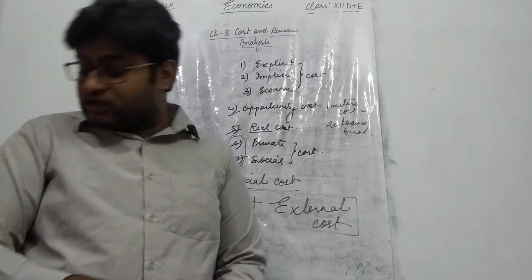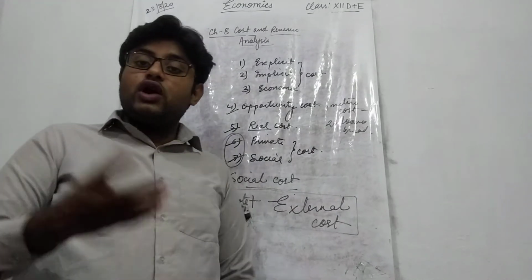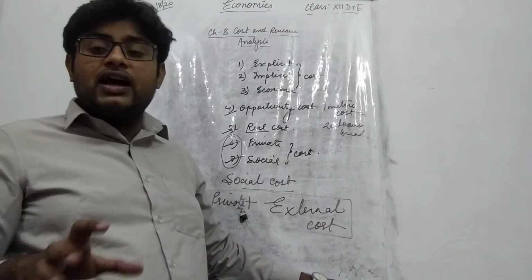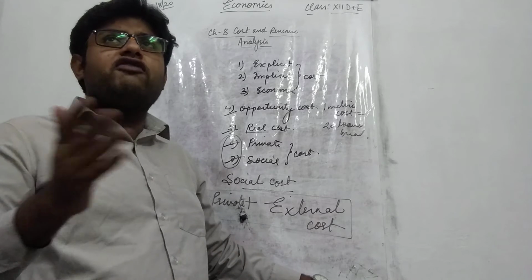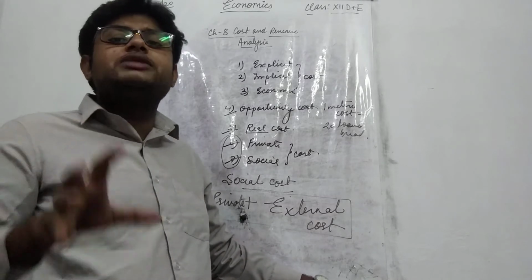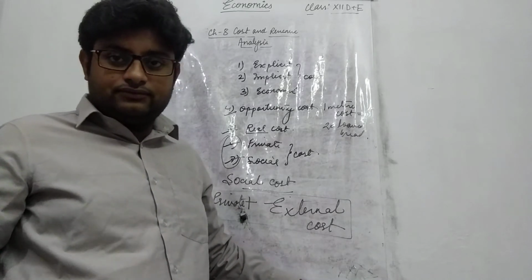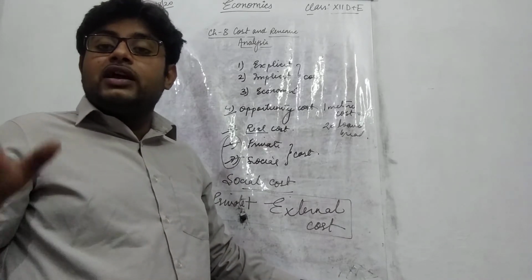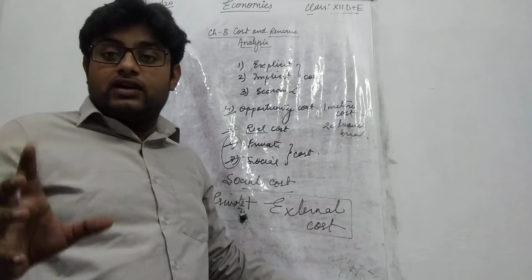Recently I have read in the newspaper that you all must be knowing that Lucknow is one of the most polluted cities in India, and it comes under top 5, I think, most polluted cities of the world. Lucknow is under top 5 most polluted cities of the world.